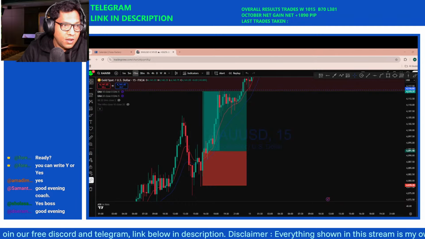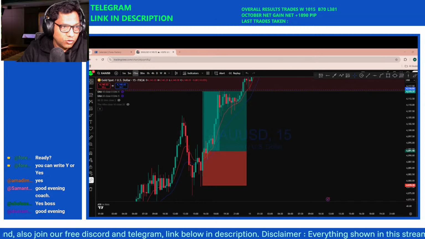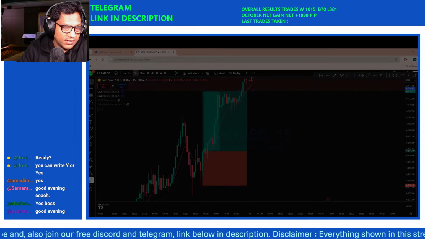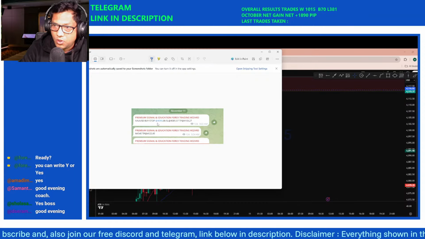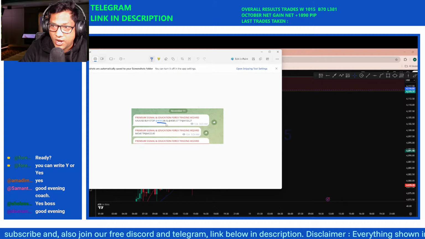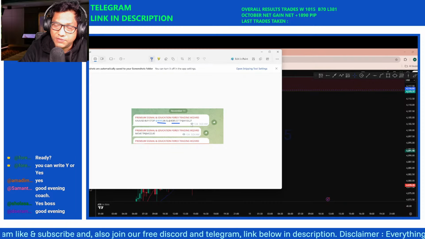So looking at the trade that was sent out, for those who are in the premium, probably you guys have seen that it is sent out as a pending order. So the trade is opened at 4093.86 and stop loss at 4081.57.